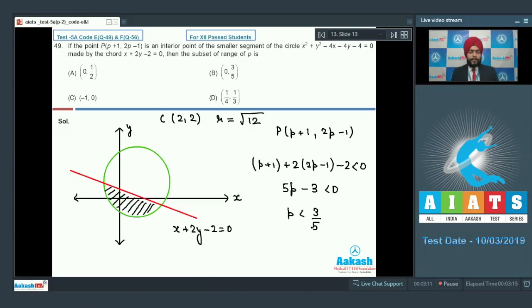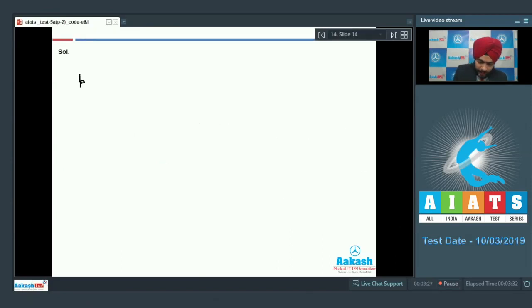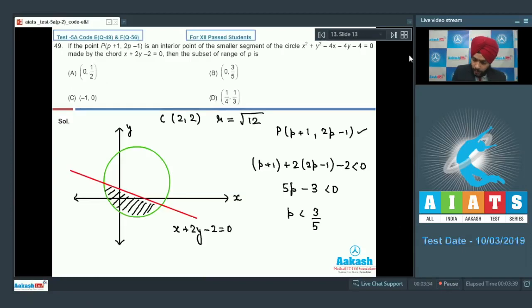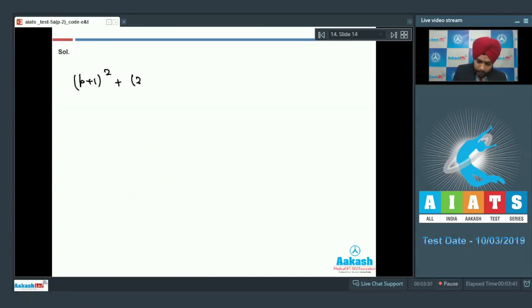After this, we have one more condition about this particular point P, that is lying interior to the given circle. That means it will give negative sign to the given circle. So x square plus y square minus 4x minus 4y minus 4, and the sign has to be negative. So let us solve it. p plus 1 whole square plus 2p minus 1 whole square minus 4 into p plus 1 minus 4 into 2p minus 1 minus 4 should be negative.